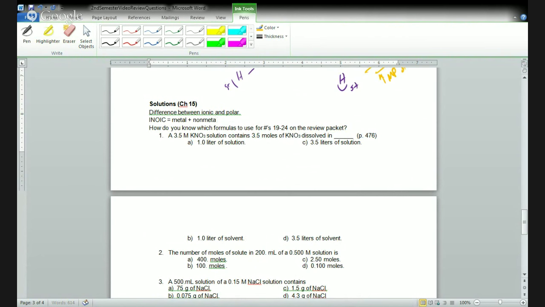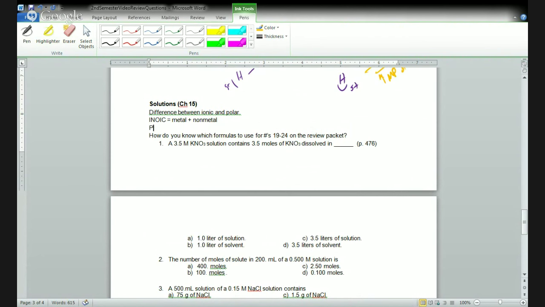A polar compound is going to be two nonmetals. And then you determine polar using the VSEPR chart.